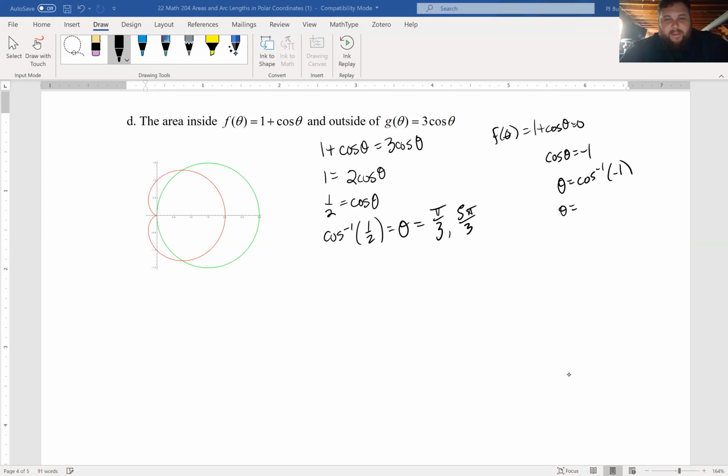So the question is, what angles are those? Anybody know? Pi? Why did you say it like it was a question? Because I don't have the unit circle in front of me. Okay, so pi.